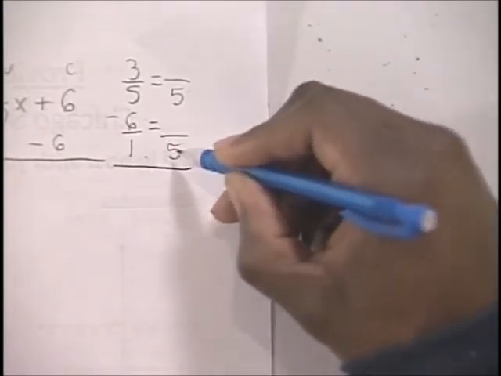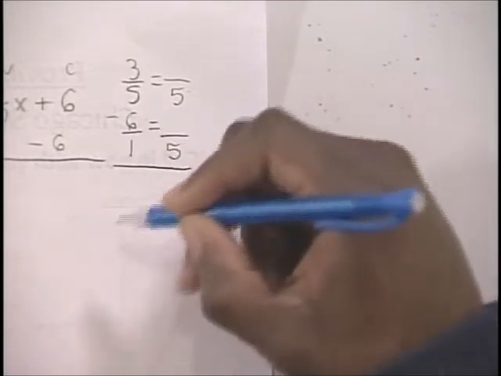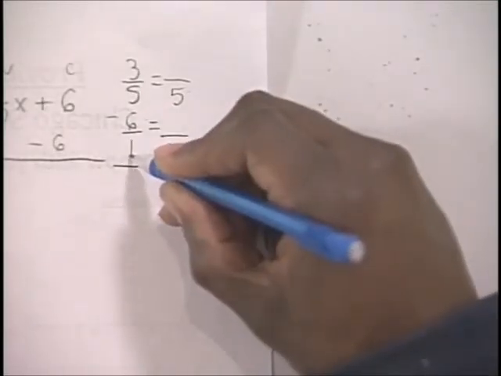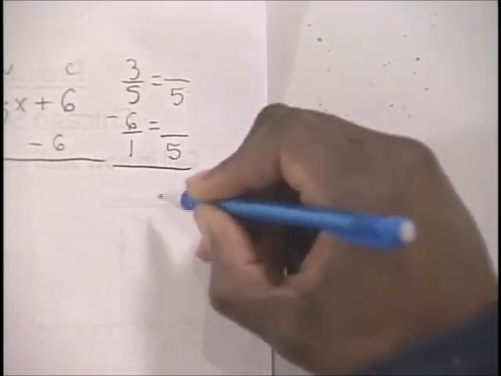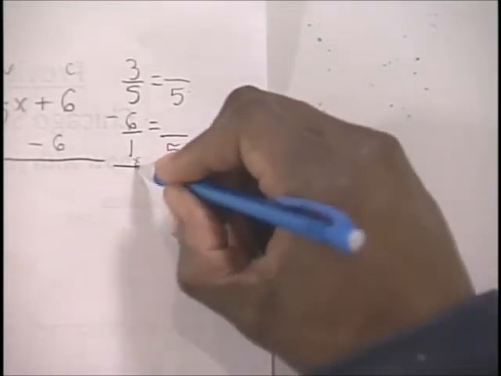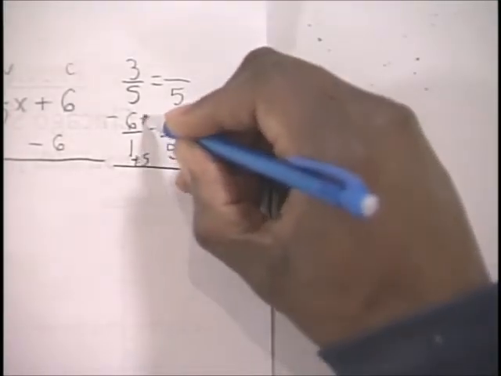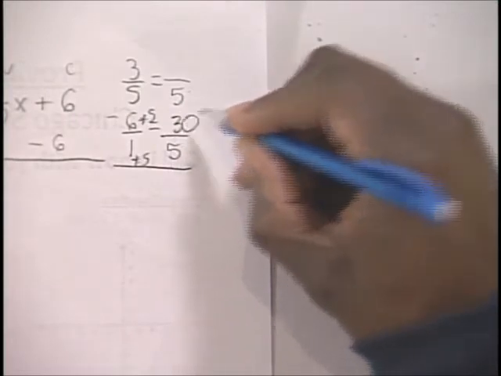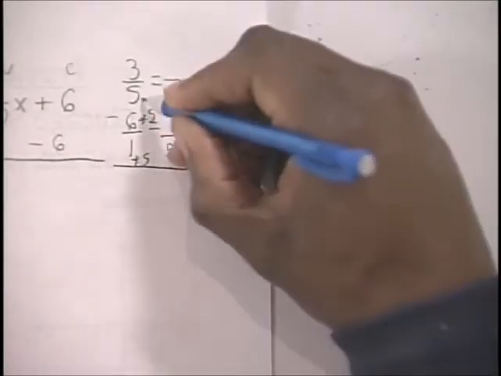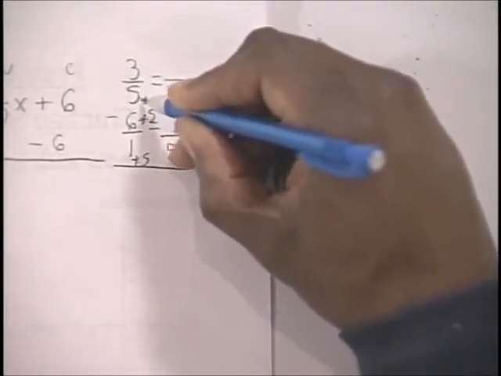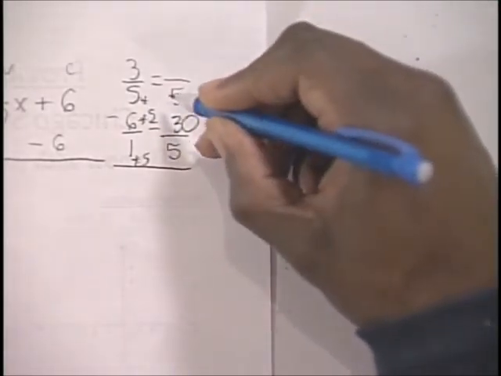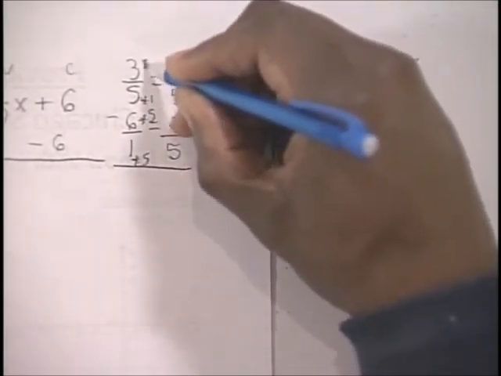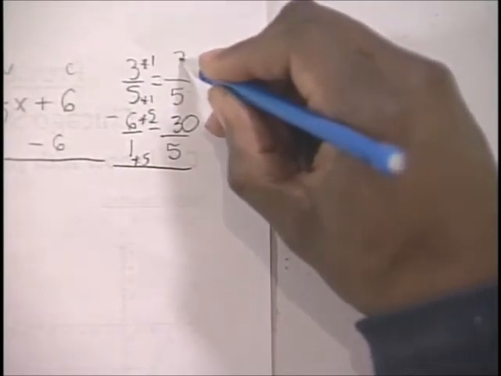That's good. Very good, young lady. So 1 times what gives you 5? Oh, 5. Times 5. So I'm going to multiply this by 5, and I get 30 over 5 like you said. What do you have to multiply 5 by to get this 5? 1. So I'm going to multiply this by 1 to get 3.